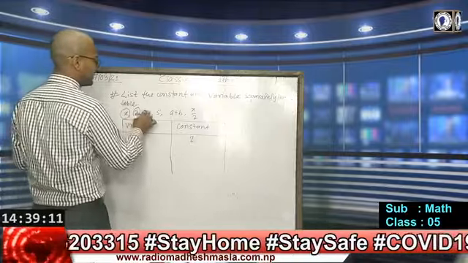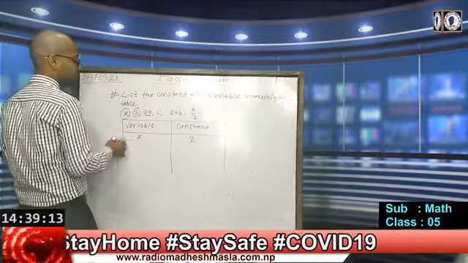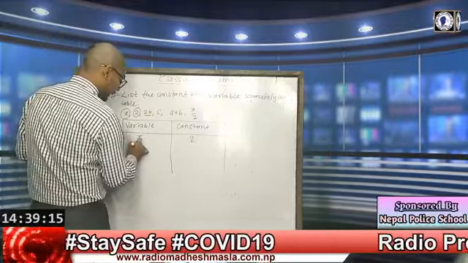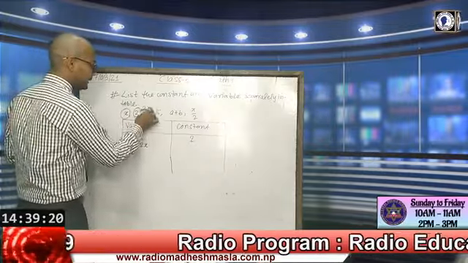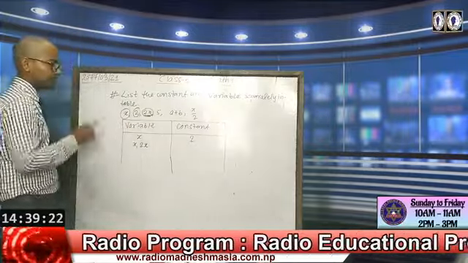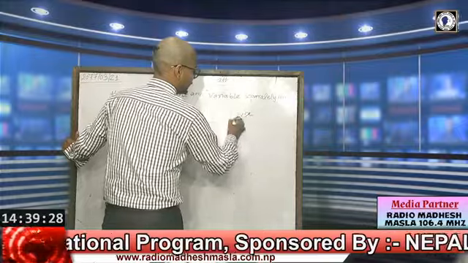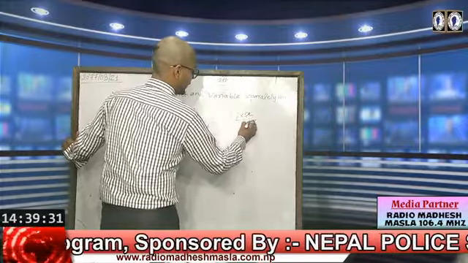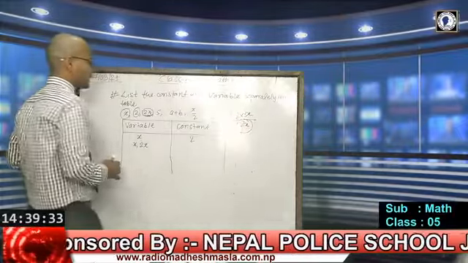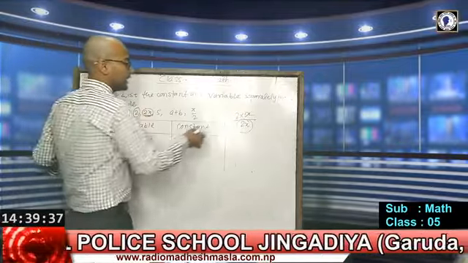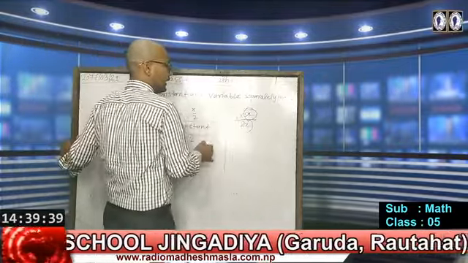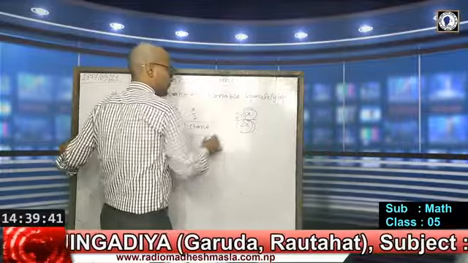Then we have the third term, 2x, which is given as a multiplication form of 2 and x. When 2 and x are multiplied by each other, we get 2x. While separating it, x is a variable, and after multiplying, 2x becomes a variable.